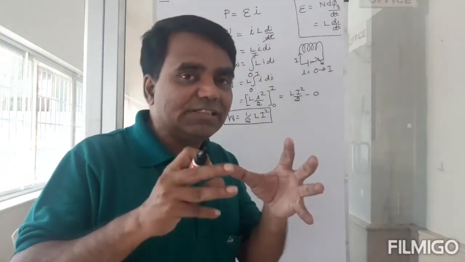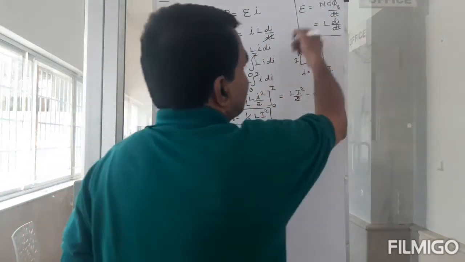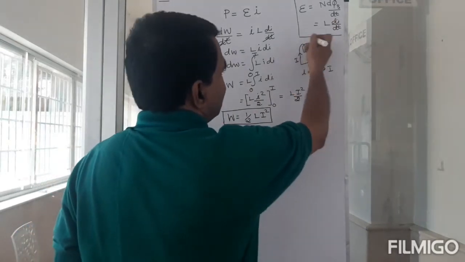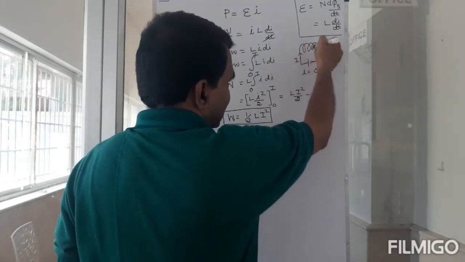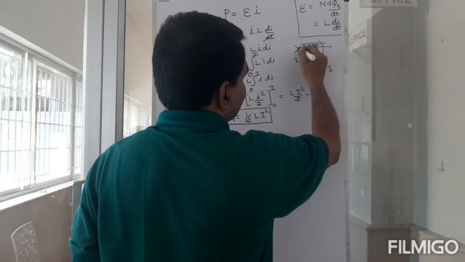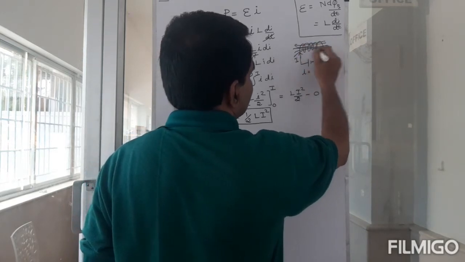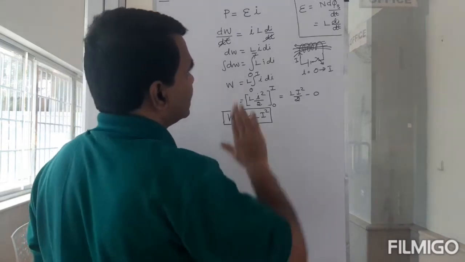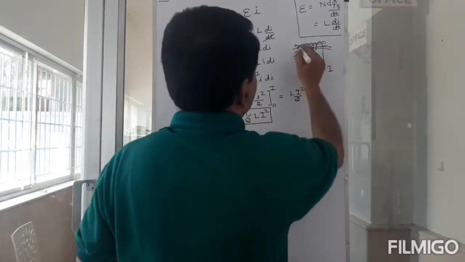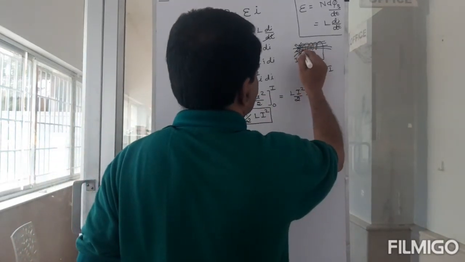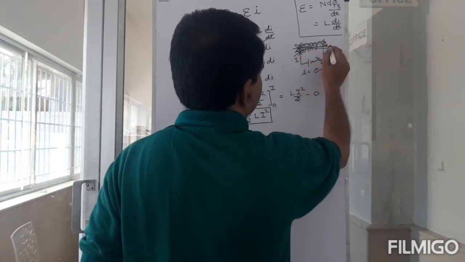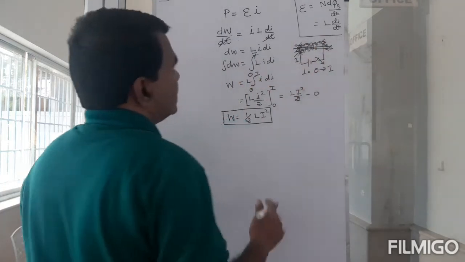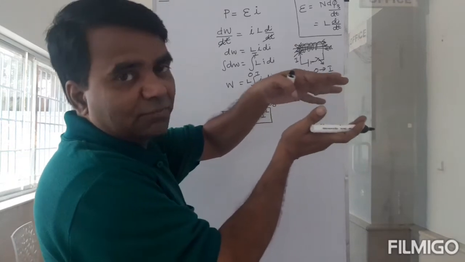So that energy is stored in the magnetic field, because as the current I flows, there is a magnetic field, you notice. If current goes like that, then the field is going to be set up like this. So it is going to be stored in that magnetic field.